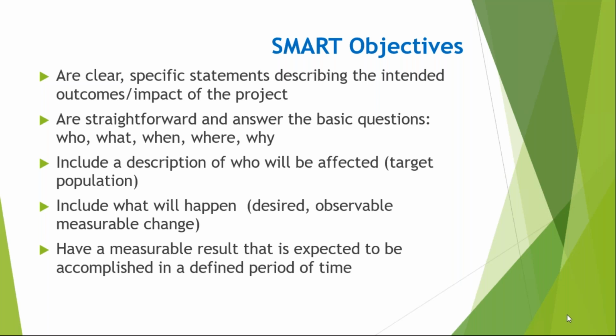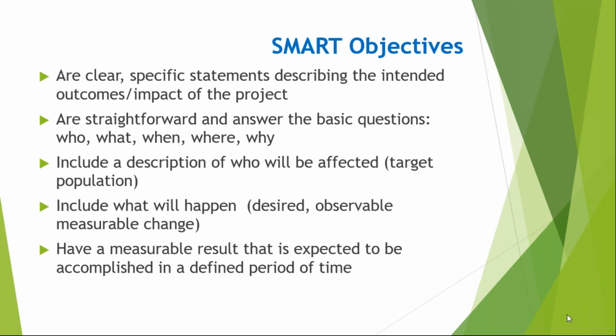Now, there are some things in the SMART objectives that you're not going to be able to leave out, and that's who and when. It includes a description of who will be affected. That's your target population. It's kind of assumed if you're writing a grant for victim services, let's say, for domestic violence victims, that your intended target population is domestic violence victims. But you still need to include that in your objective.